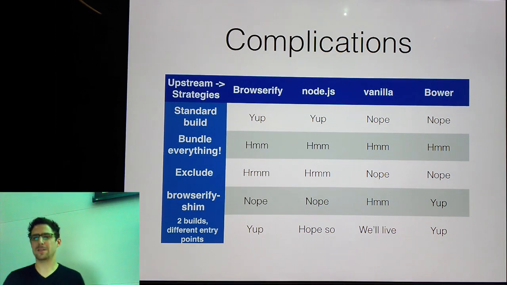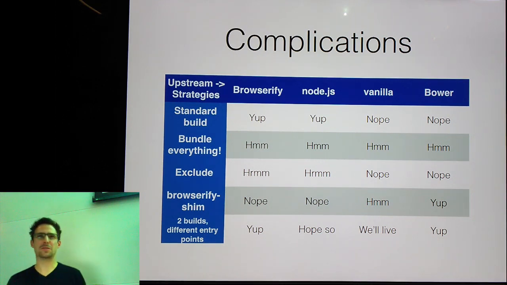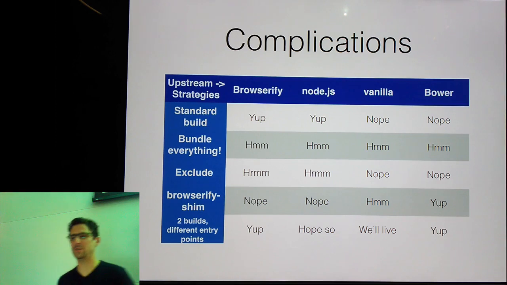So one option is just to do that, and not really use Browserify. Just use a standard build. That works great if you're using Browserify in the end, in the application that's trying to consume the library. It works great if you're using Node.js.